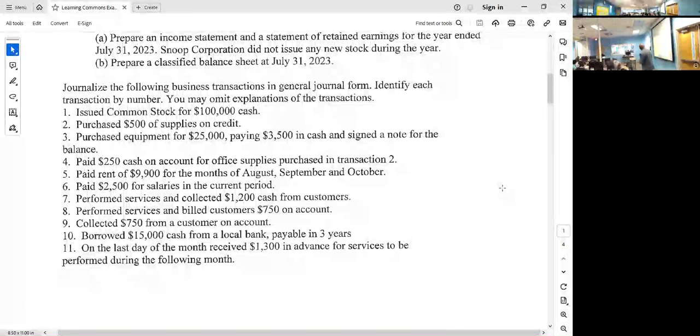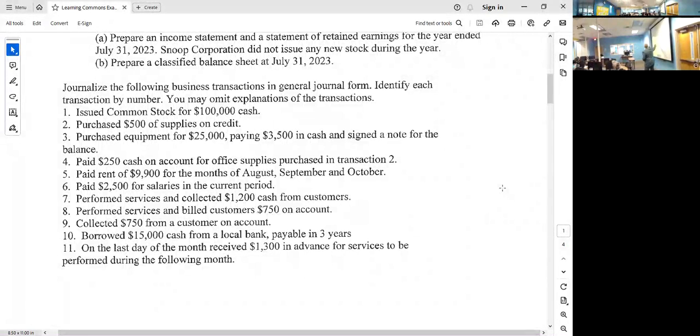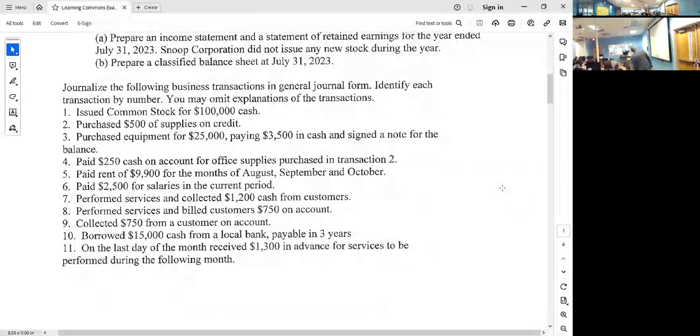You're going to have equipment, then you pay some money, and then you've got a difference. The next part, like, the note. That would be the payable. There you go.